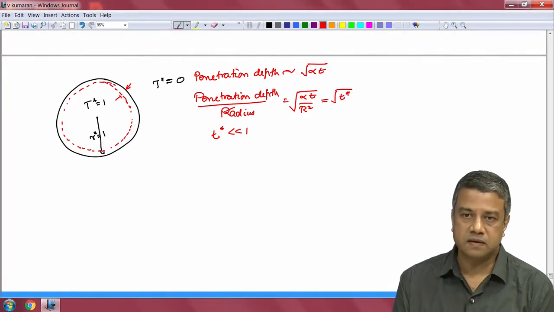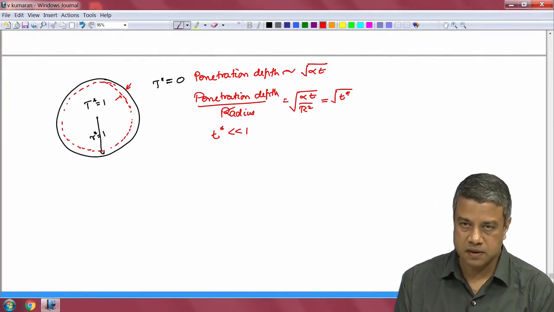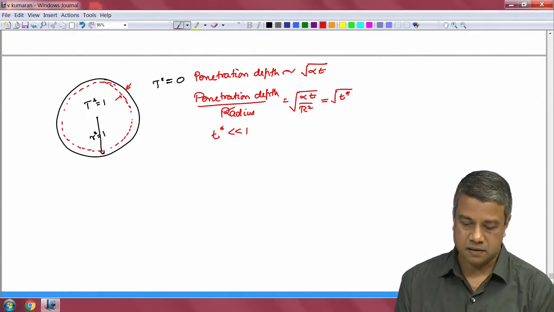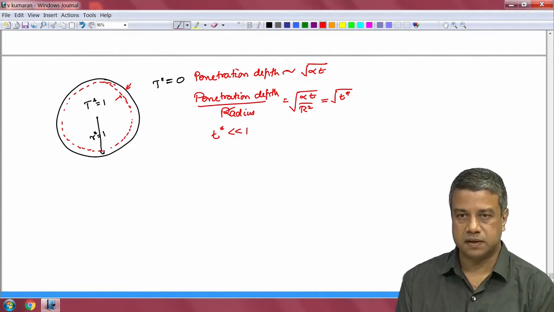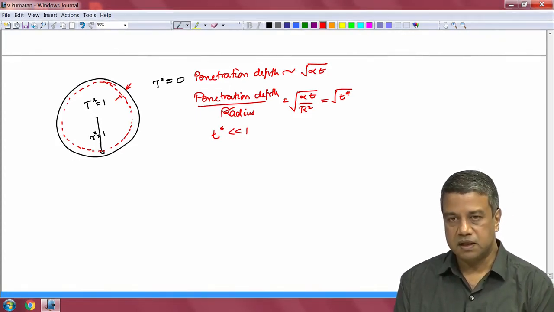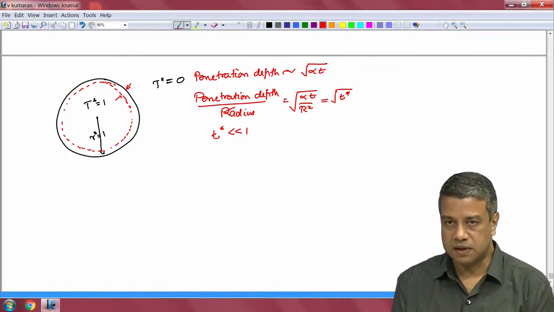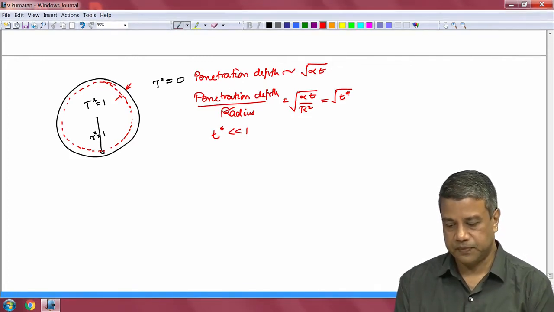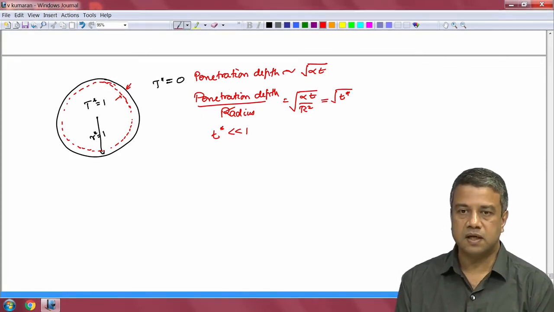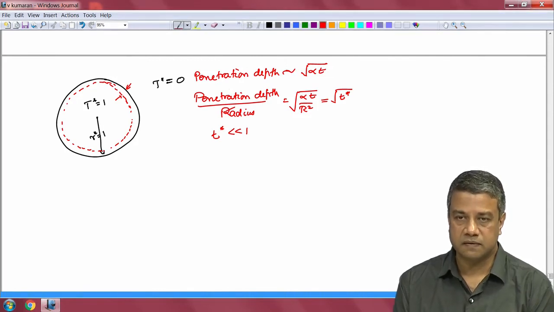If the thickness of this region is much smaller than the radius of the cylinder, or the radius of curvature, which in this case is the same as the radius of the cylinder, then the temperature profile is similar to heat conduction into an infinite flat surface.